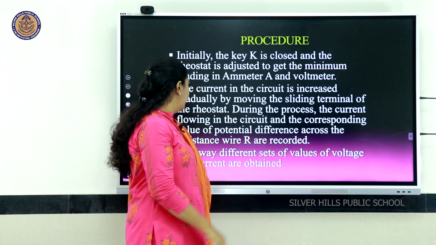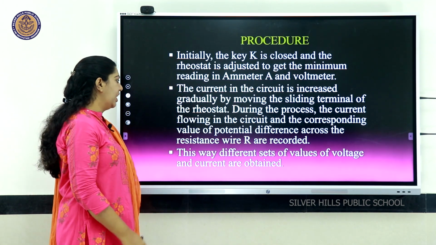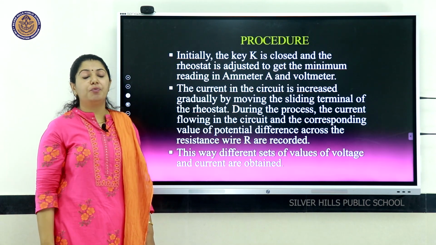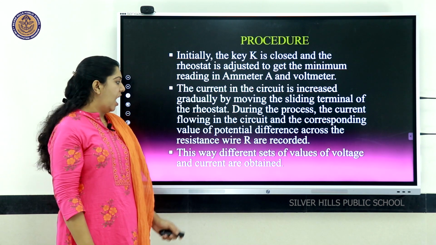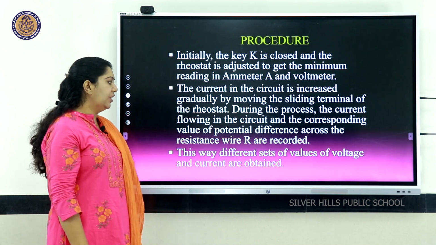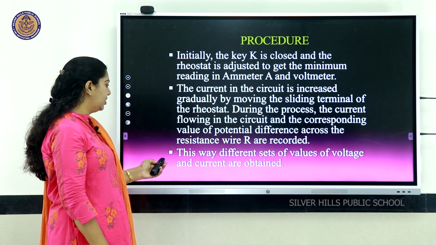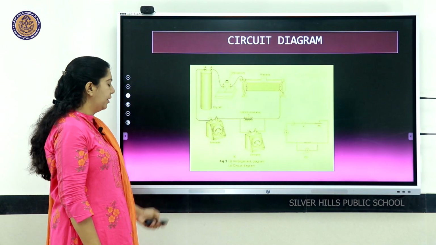During the process, the current flowing in the circuit and the corresponding value of potential difference across the resistance wire are recorded. This way, different sets of values of voltage and current are obtained.